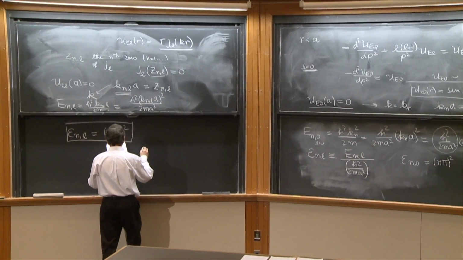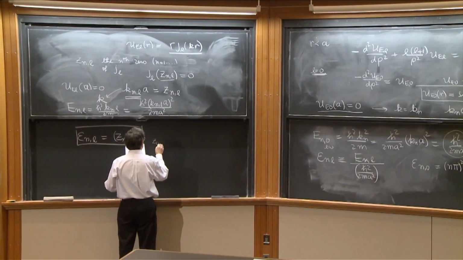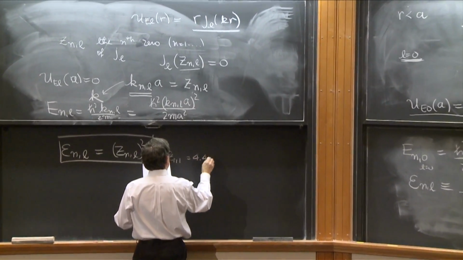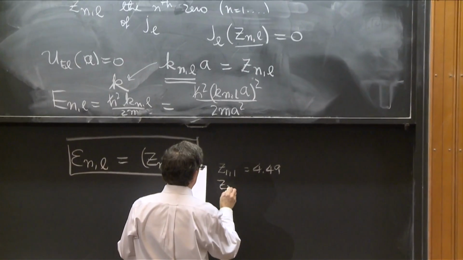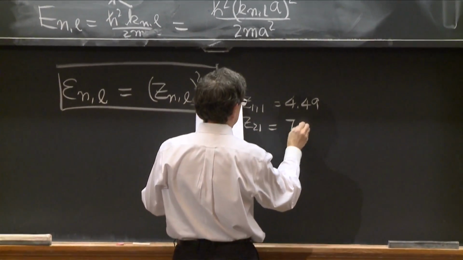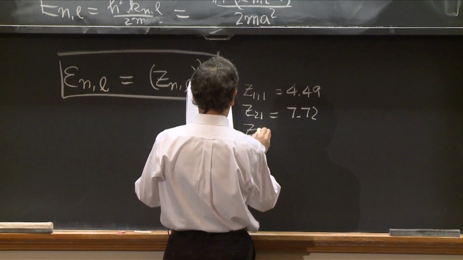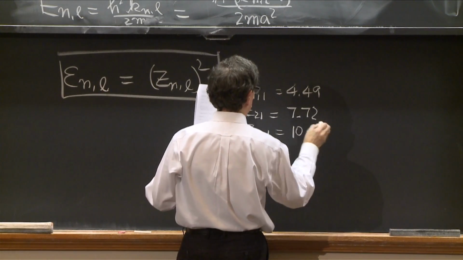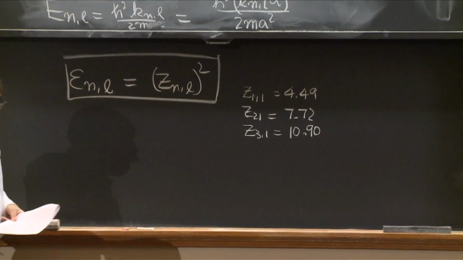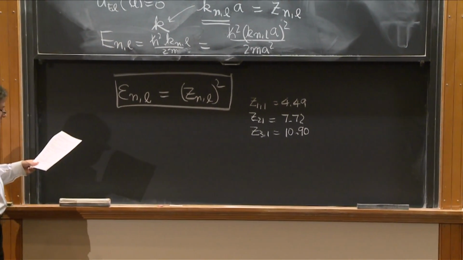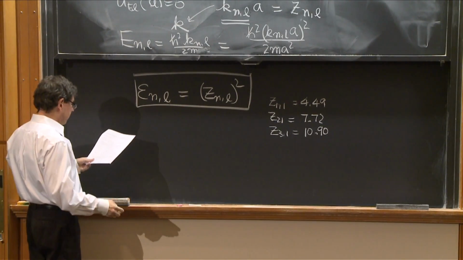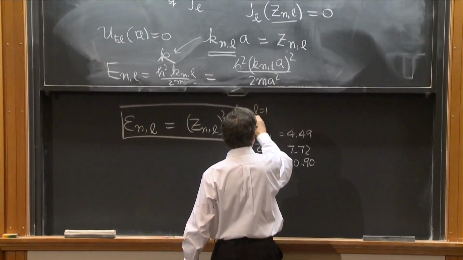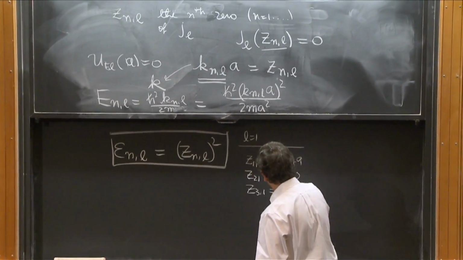So Z_11 is equal to 4.49. Z_21 is equal to 7.72. And Z_31 is 10.90. Numbers that may have no rhyme or reason. Now you've done here l equals 1. Of course, it continues down, down, down.